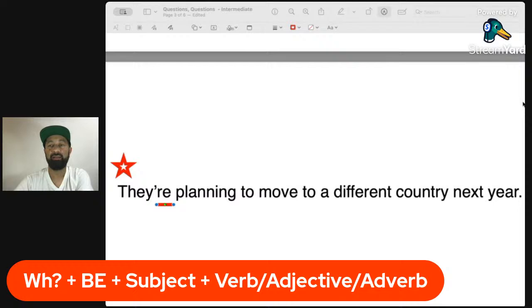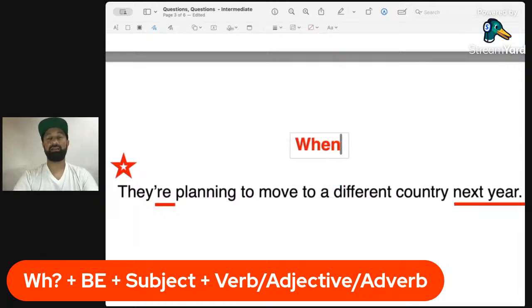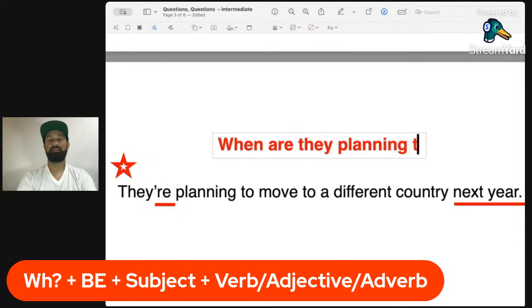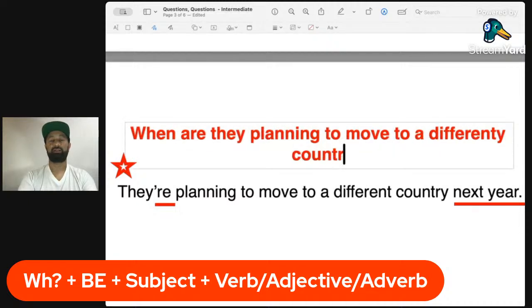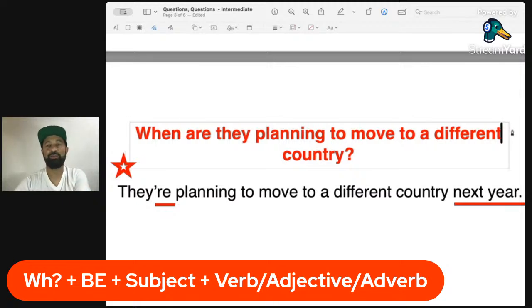For me, I would say next year is my answer. So maybe I'll start with when. We're talking about a time, next year. So when are they planning to move to a different country?